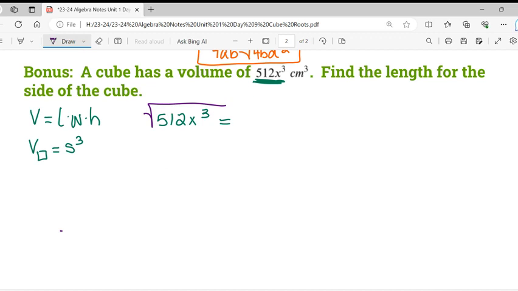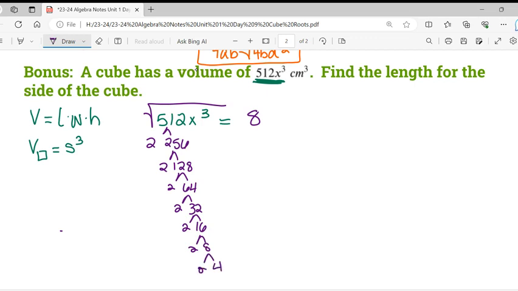512 is a perfect cube. Its value is 8. If we wanted to, we can go ahead and do our factor tree. We've got 2 and 256, 2 and 128, 2 and 64, and we have x cubed, so that's 3 x's.